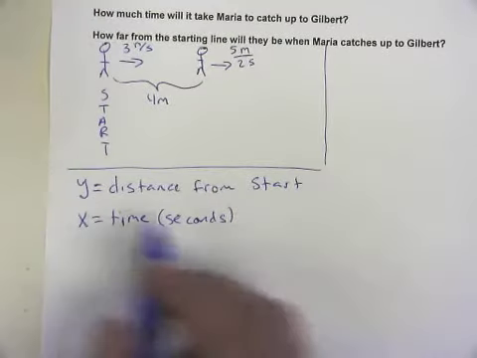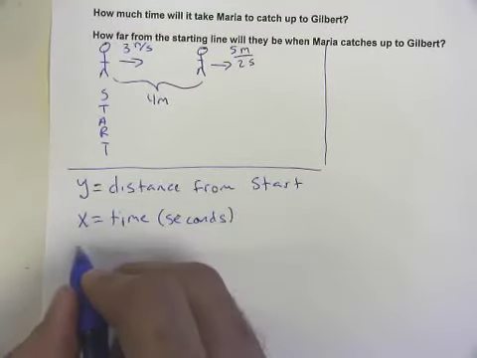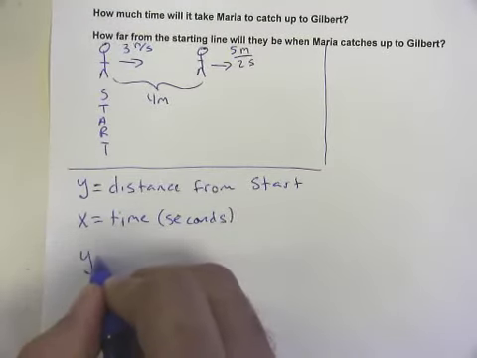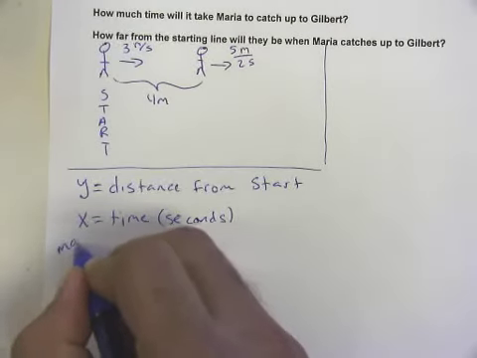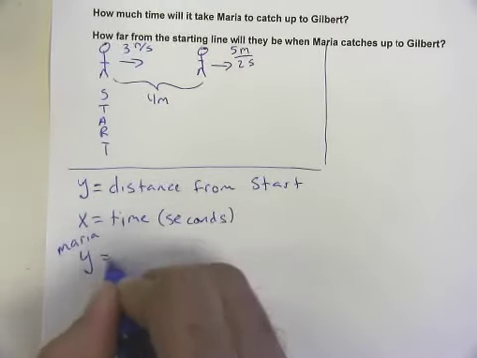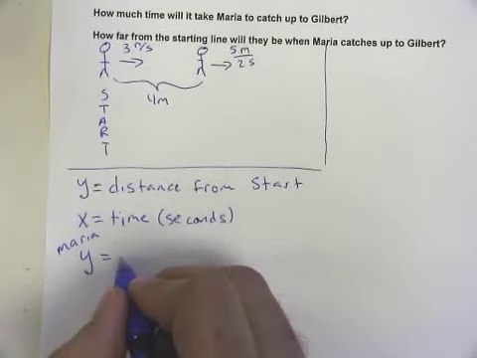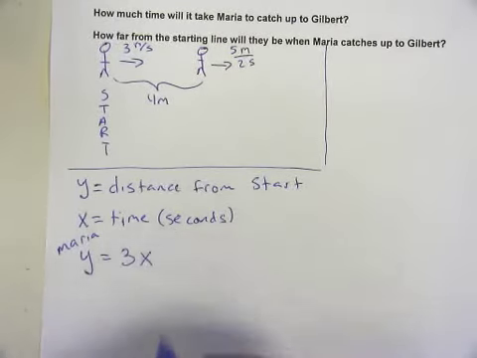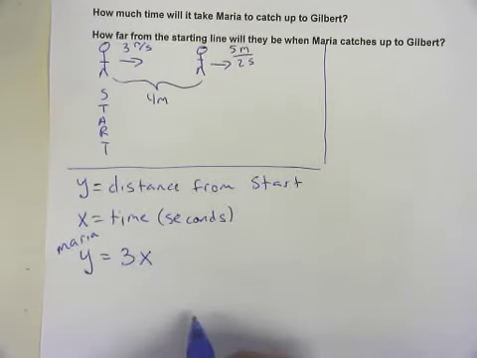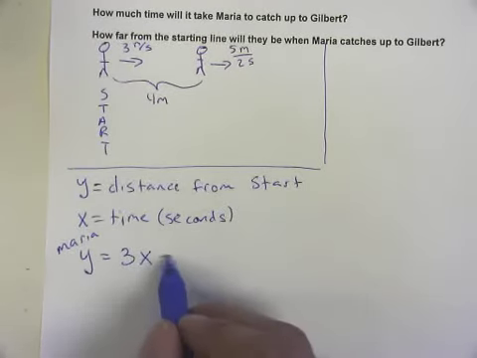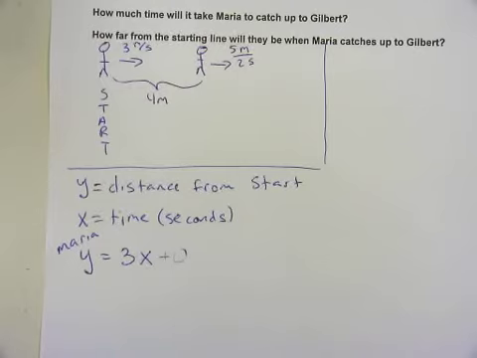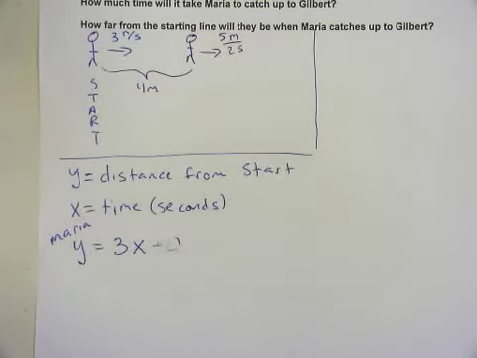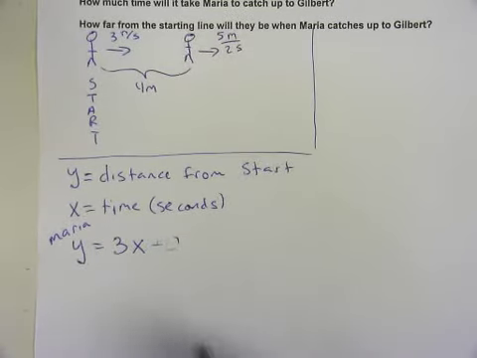The reason why we're going to define those variables is because now we can say that Maria's distance from the starting line, y, is always going to be 3 times the amount of time that has gone by. We're not going to add anything to that because she's starting at the starting line, at a location of 0.